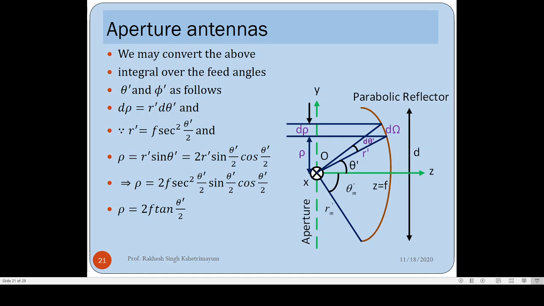So look at this diagram. What is this rho here? Rho is basically r dash sine theta dash. This rho and this distance are the same. So r dash sine theta dash is this length here and is equal to rho.